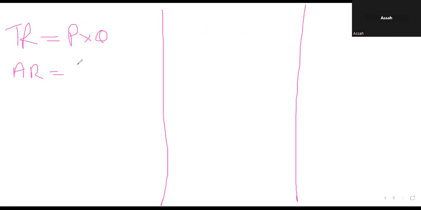Total revenue divided by quantity. Correct. How do we find the marginal revenue? The TR divided by DQ. The TR divided by the Q.